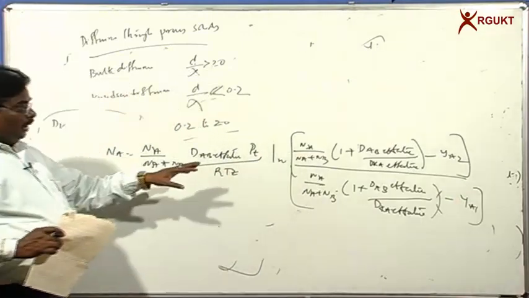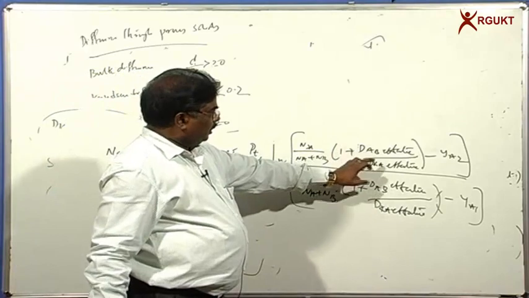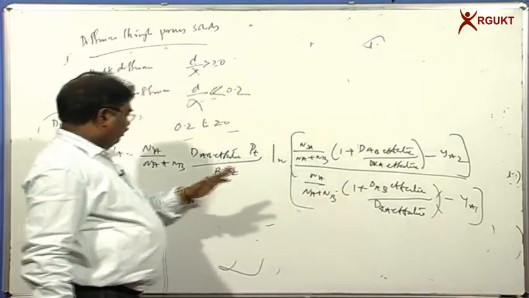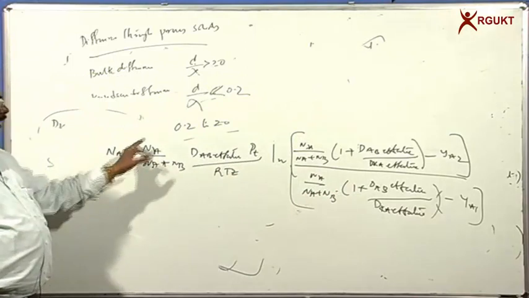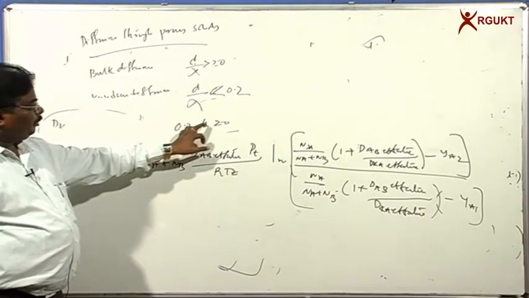So if mole fractions, the bulk diffusion coefficient and the Knudsen diffusion coefficient are known, one can estimate the flux, and that can be done when d by lambda is between 0.2 and 20.